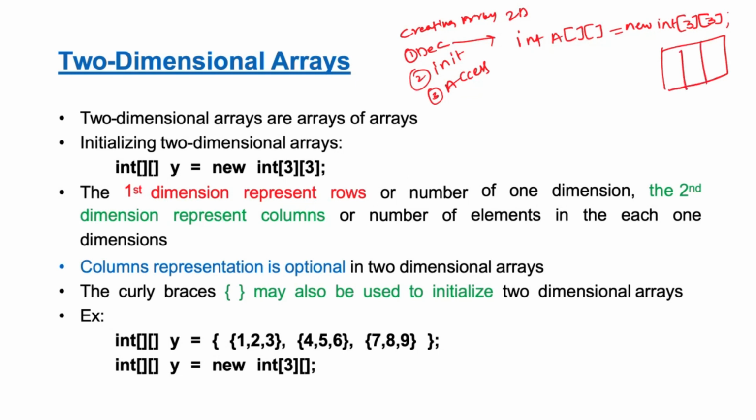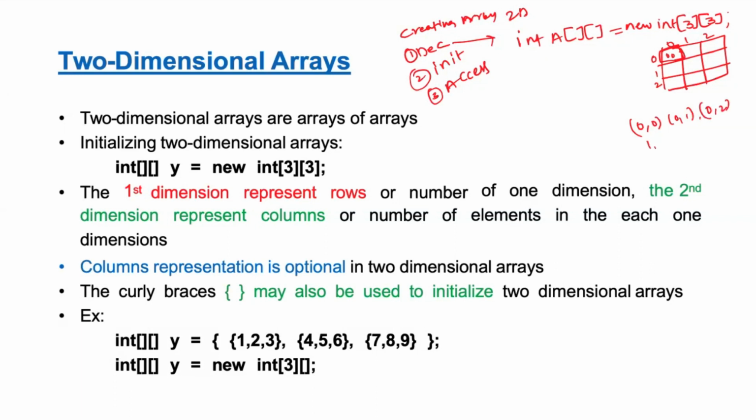First three rows will be created and three columns will be created. Now the index values for rows are 0, 1, 2, and for columns it is 0, 1, and 2. Like this it will be. Now this element is known as the 0, 0 element, 0, 1 element, 0, 2 element.